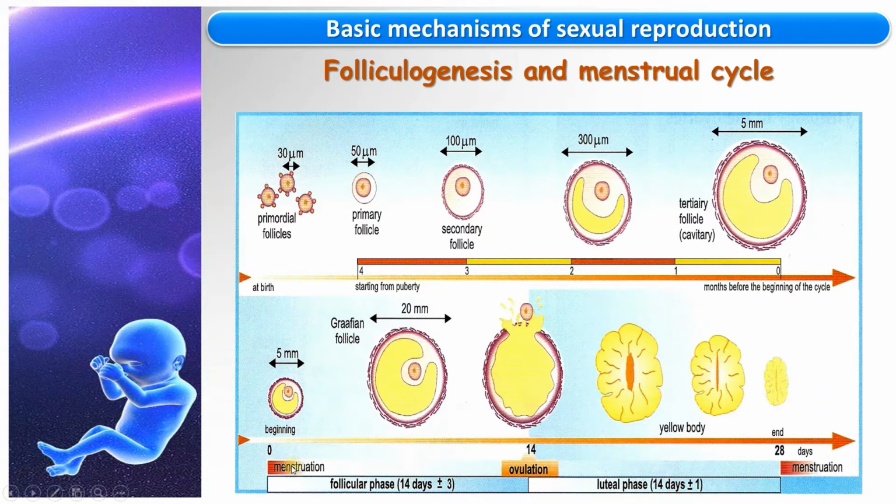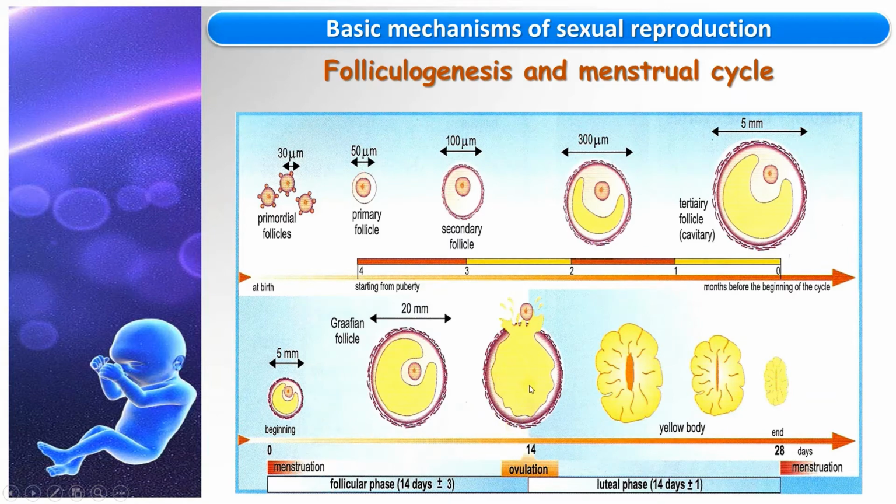The follicular phase starts with menstruation or bleeding for a few days. Around the middle of the follicular phase, one of the cavitary follicles becomes a mature or Graafian follicle. A few days later, ovulation occurs.